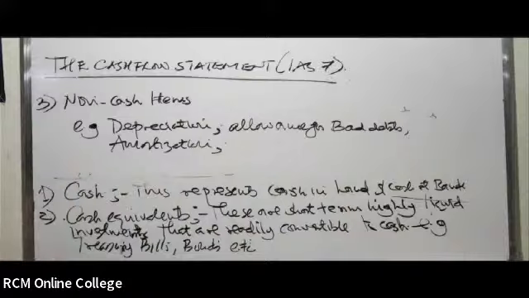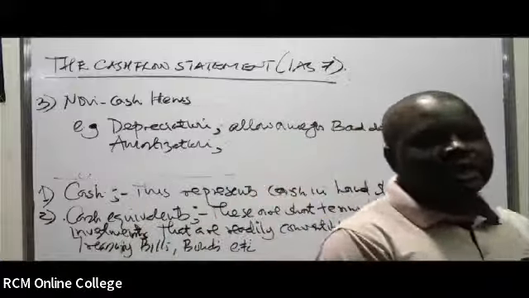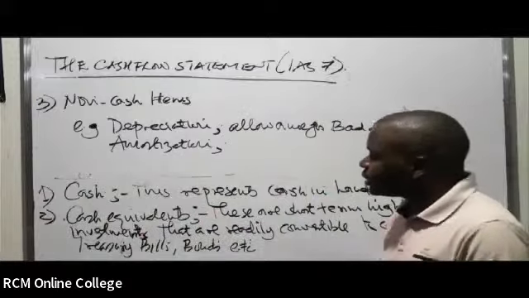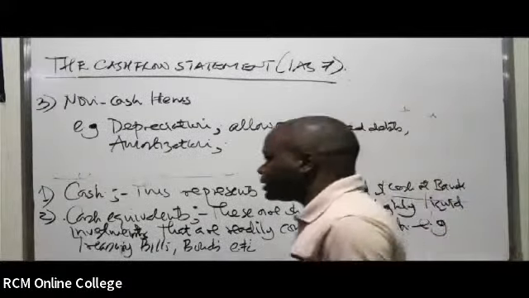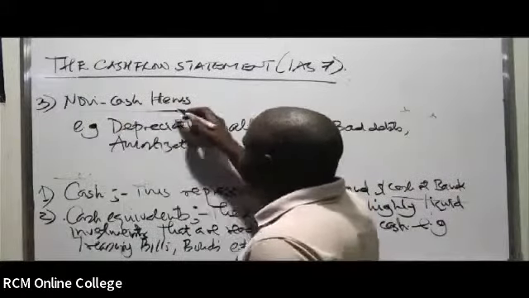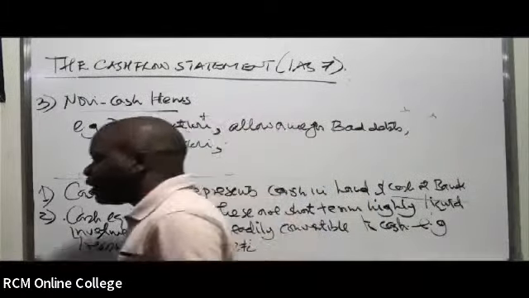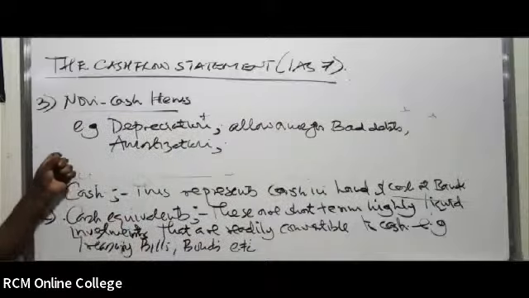It's unlike electricity: you paid Kenya Power, money has gone out. But when you recognize another expense in the income statement like depreciation, there's no money that you pay. It's just a loss of value of an asset that you recognize as an expense. It is a non-cash item. It doesn't involve a real outflow of cash or you having to pay out money. So there's a way we treat them in the cash flow statement.